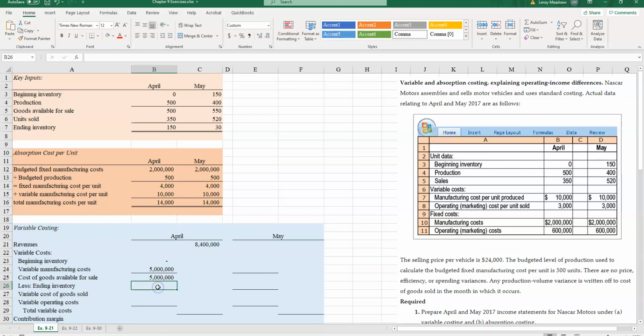Then in ending inventory, I have, that's simply 150 times 10,000. Actually, that's 1.5 million. There we go. Okay. So what are my variable cost of goods sold? Under variable costing, my cost of goods available for sale minus my ending inventory, which is 1.5 million. So my variable cost of goods sold is $3,500,000.